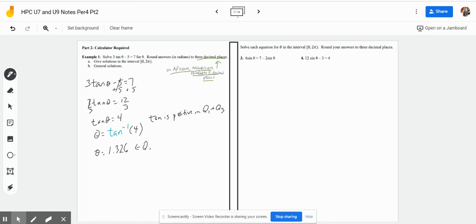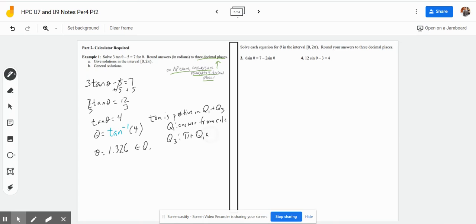Okay, and to find our second answer in quadrant 3, this is essentially going to be our reference angle, and then our answer in quadrant 3 is going to be pi plus our quadrant 1 answer.